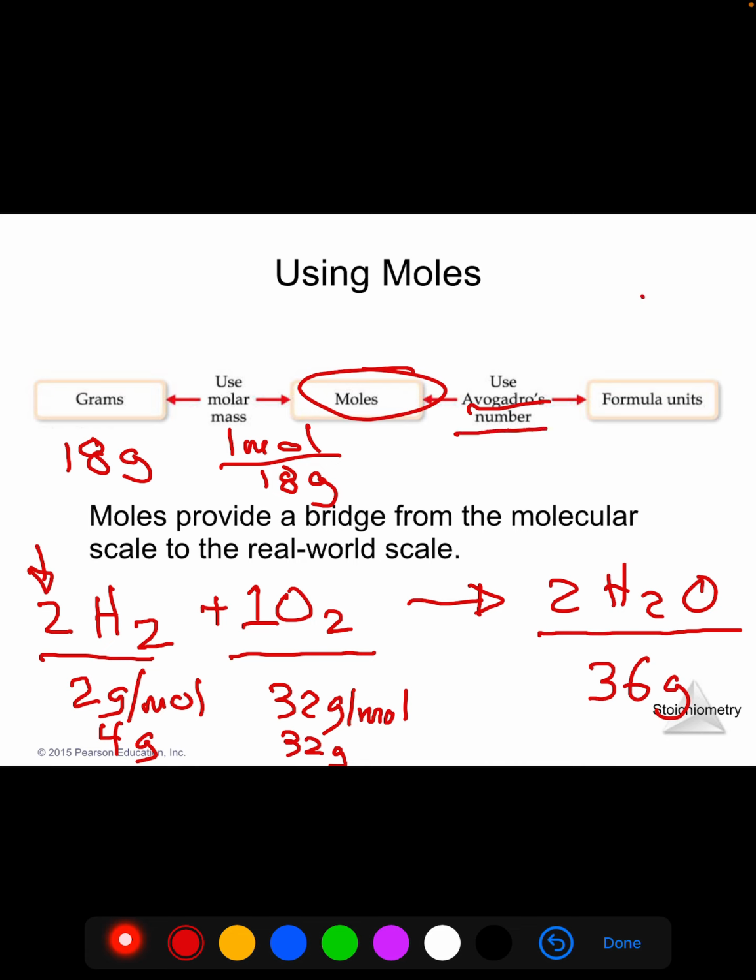And by the way, we can also calculate the number of representative particles, and at a later date, we'll even be able to use that to calculate volumes, if it's gases, and the number of actual particles, and it's going to be extremely handy.